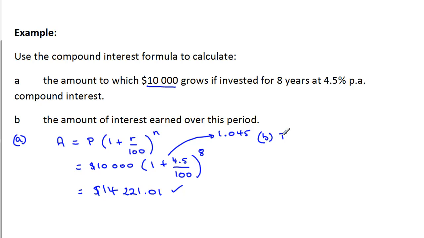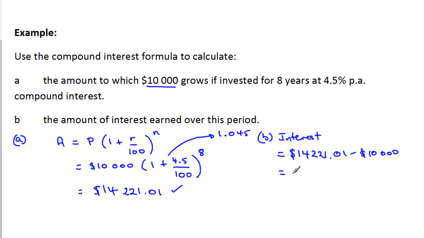Well, the interest, let's think about it. The interest, I'll put it down here, must equal what we had in the bank at the end, $14,221.01, minus, what would it be? Yep, the amount of money we put in at the beginning, $10,000.